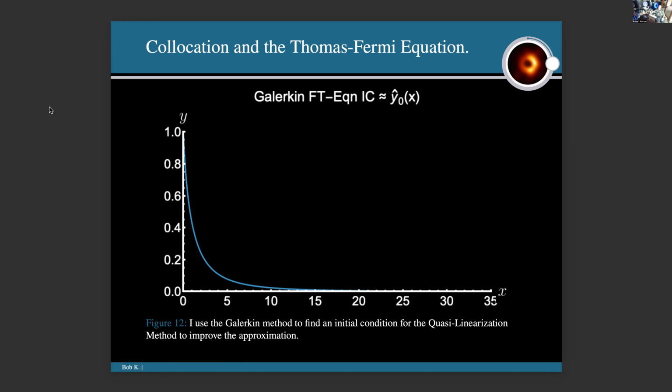So I had this original approximation where I have used these various Bessel functions, and I found a linear combination of those using Galerkin's method, and it looks fairly good.